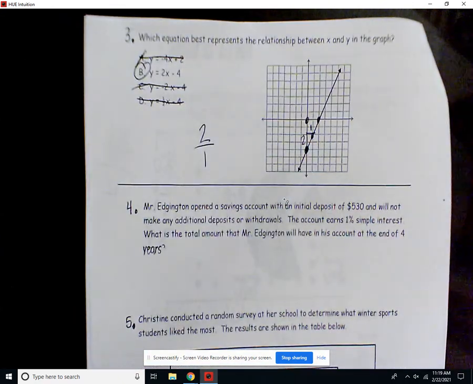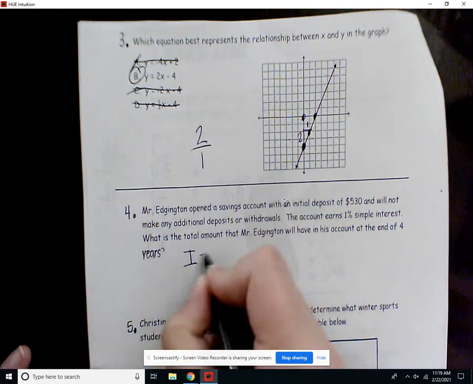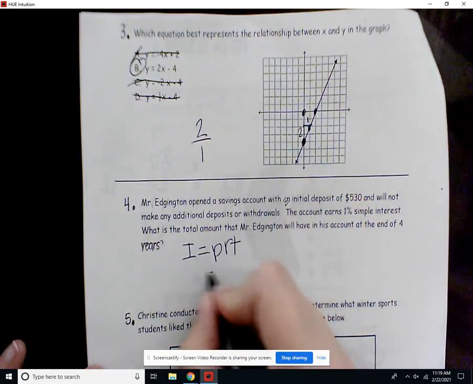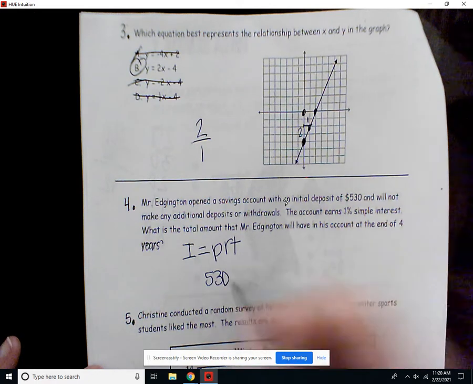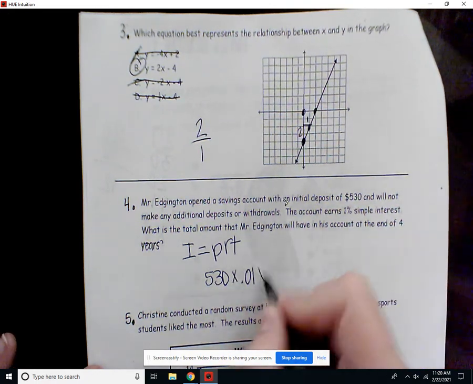Number 4, Mr. Eddington opened a savings account with an initial deposit of $530 and will not make any additional deposits or withdrawals. The account earns 1% simple interest. What is the total amount Mr. Eddington will have in his account at the end of 4 years? This is our simple interest formula: I equals PRT. P is our principal, which is 530. 1% as a decimal is 0.01, and T is our years, which is 4.